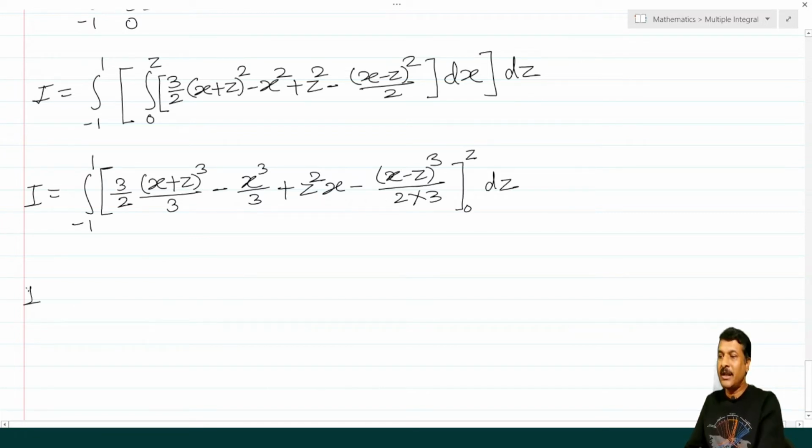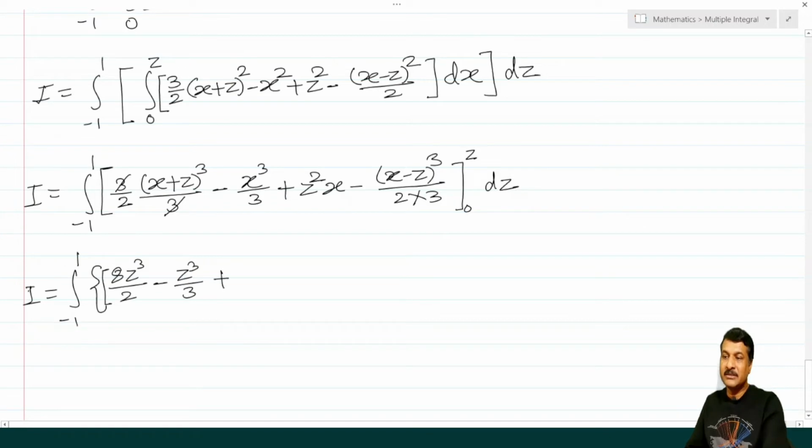So put the upper limit, then minus lower limit. So x replaced by upper limit z. So I am getting here x means z, z plus z, it is 2z cube means 8z cube by 2 minus z cube by 3 plus z square into z means z cube minus z minus z, it will be 0.